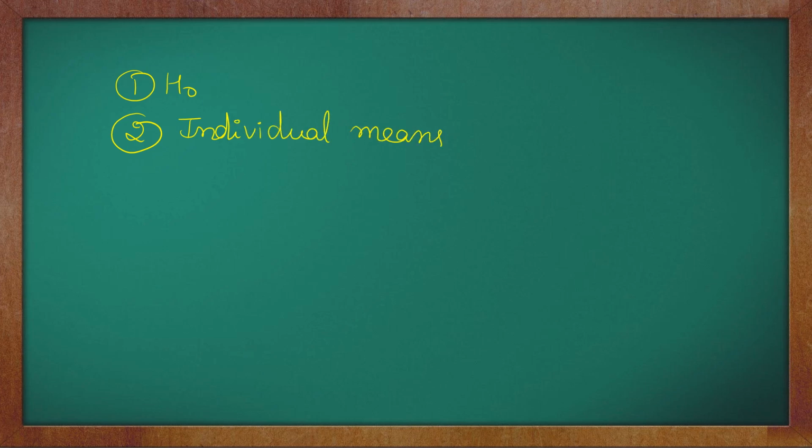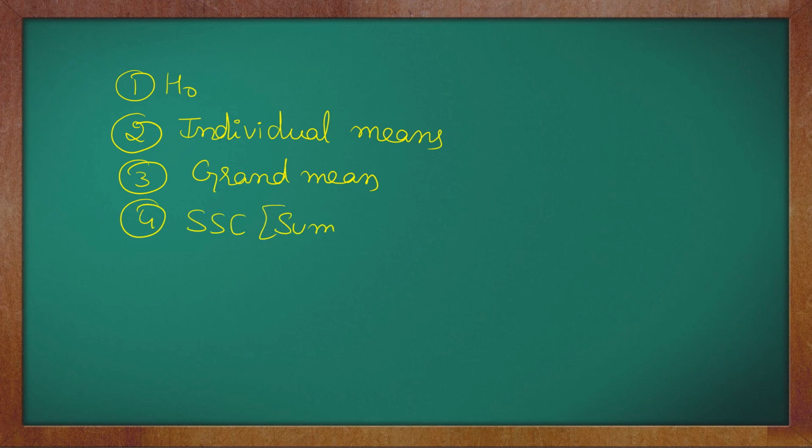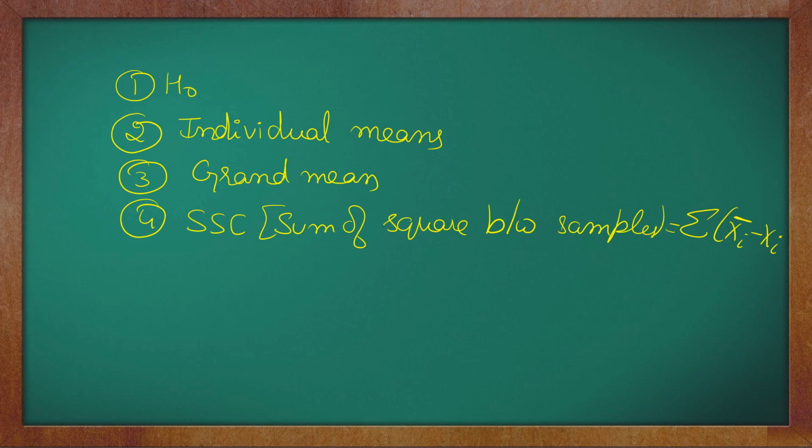Calculate individual means. Third, calculate the grand total mean. Fourth step, solve SSC, the sum of squares between samples. Its formula is summation of xi bar minus x bar whole square, solved with the help of the grand mean.